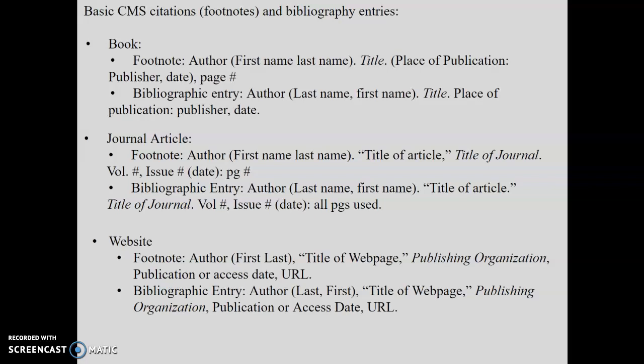Our last example here is a website. This is probably going to be the most useful to most of you. And for the website, the footnote and the bibliographic entry are the most similar. The only real difference is the way the author's name is formatted. Also note that for websites, on some occasions we may not have a real name.